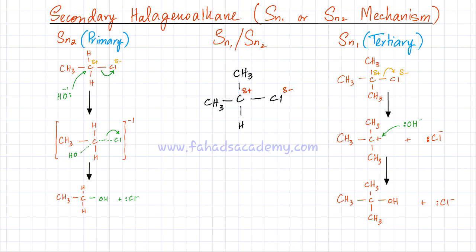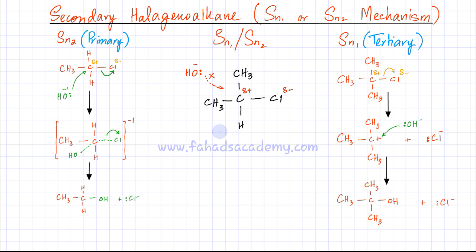If I have a nucleophile, let's pick the OH minus nucleophile, then an attack from this side would be attracted to this positive carbon atom, but the approach would be blocked because there are large groups, like the CH3 chain and the CH3 chain over here. So an OH nucleophile would not be able to approach this carbon atom from this side.